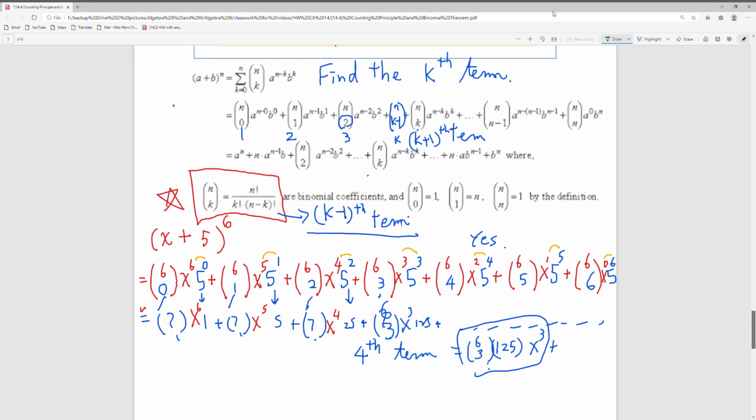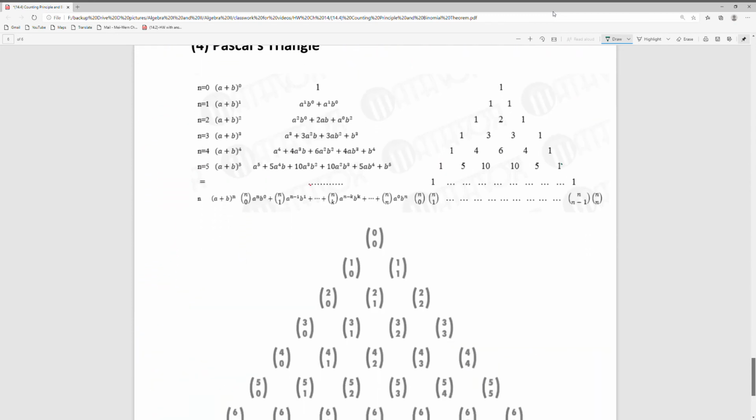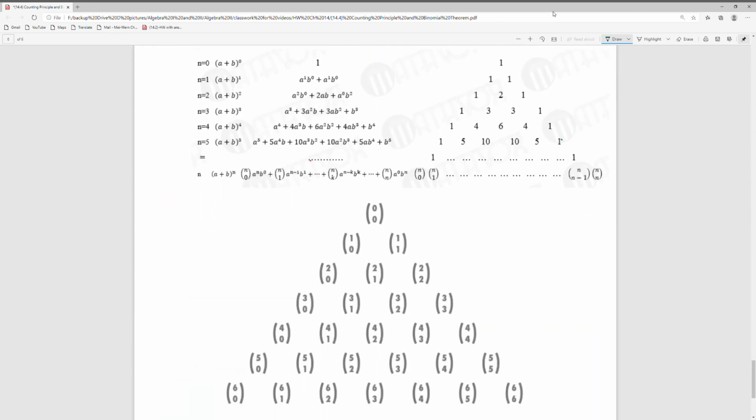So the coefficient for the 0 degree is 1. For the first degree, you have 1 and 1. For the second degree, you have 1 and 1, and the middle is 2.